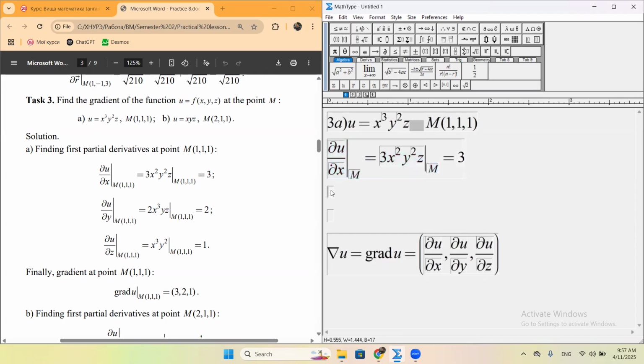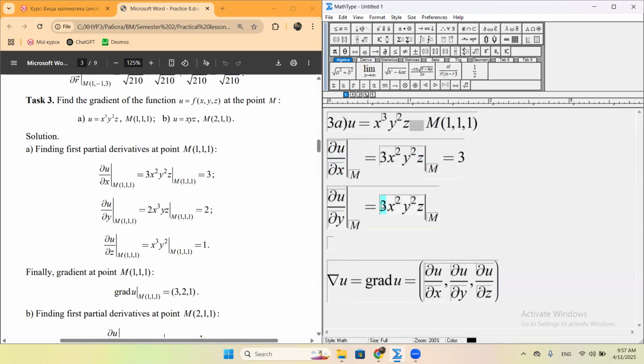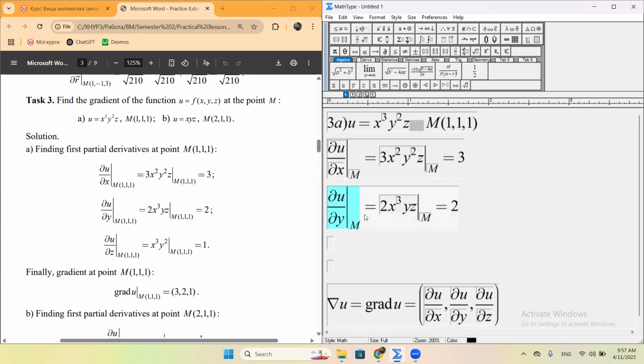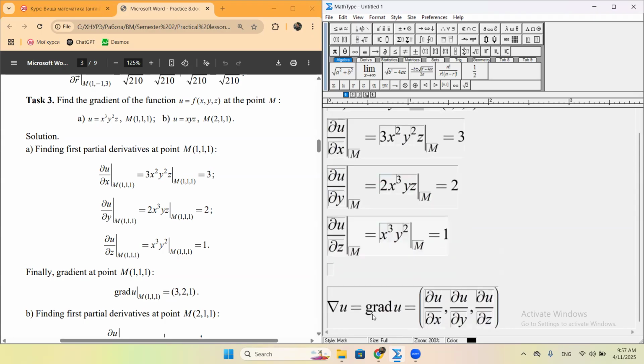Then calculating the partial derivative by y: 2x cubed y z, and it equals 2. Then du by dz at point M will be equal to x cubed y squared, and it equals 1.